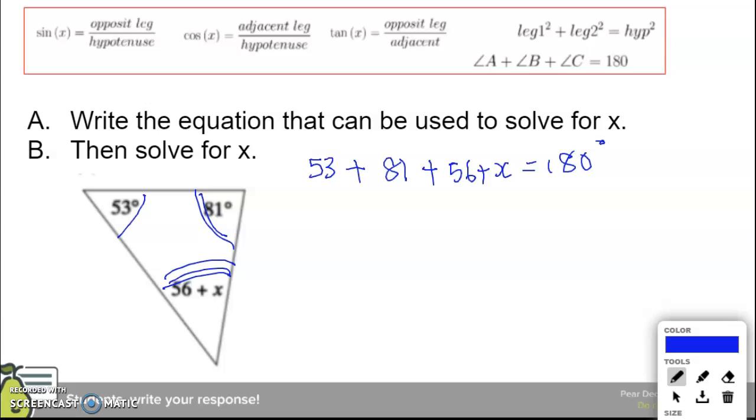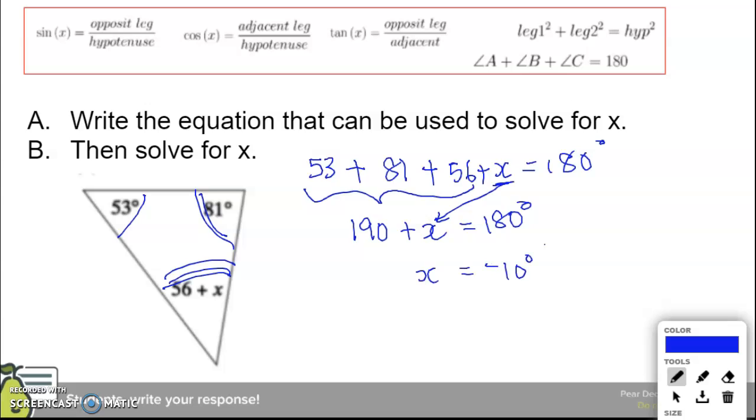Always combine the like terms within one side of the equal sign. When I add these three numbers, I get 190 plus x is equal to 180 degrees. So then I need to subtract 190 from both sides, and you are left with x is equal to negative 10 degrees.